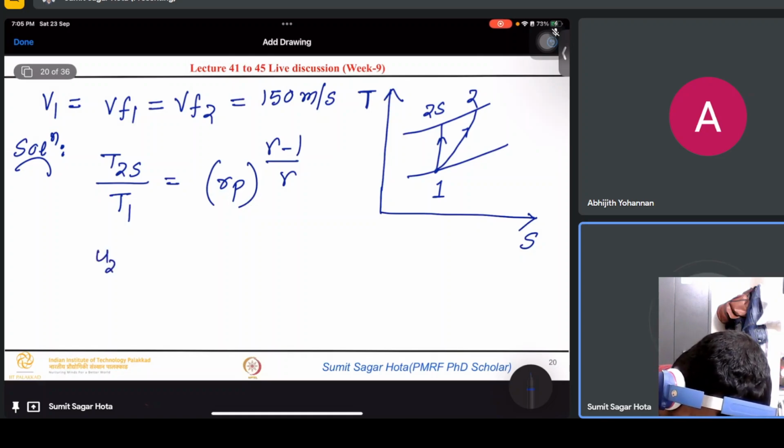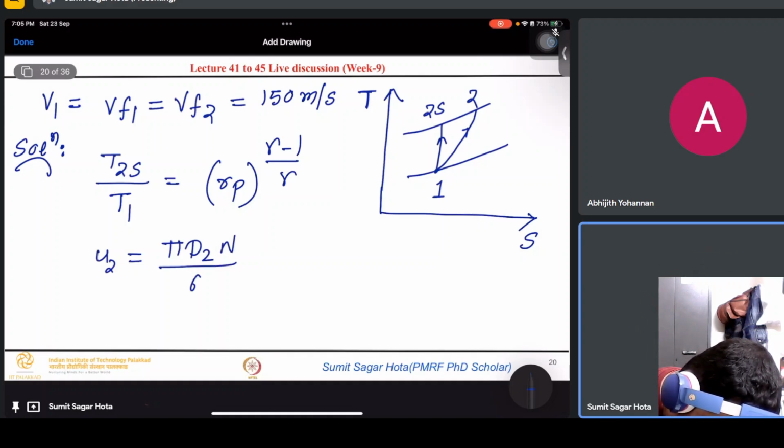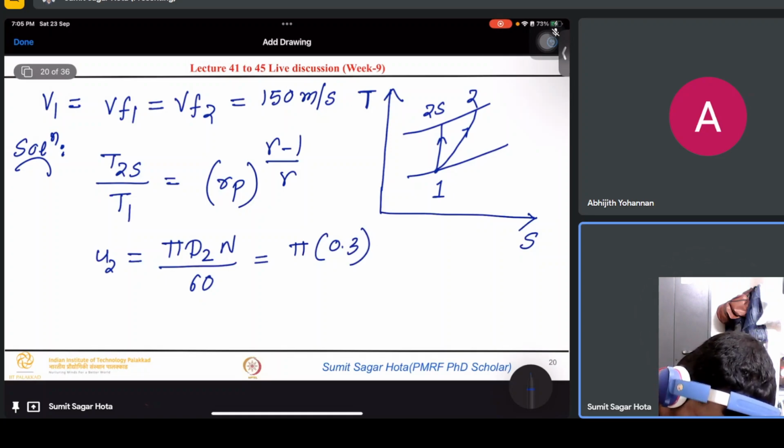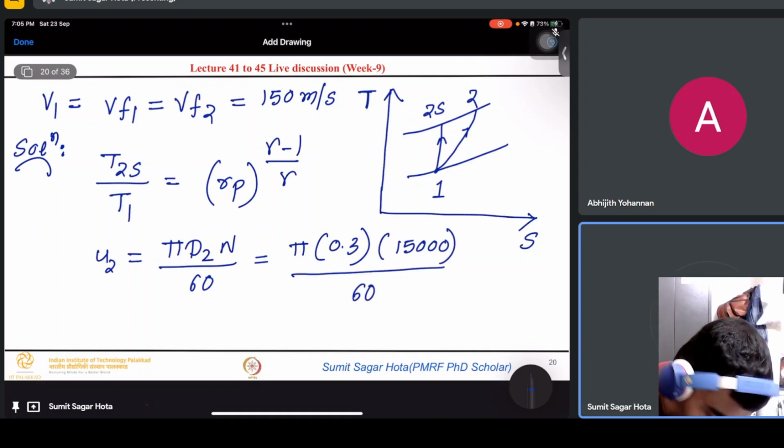What is U2? Pi D2 N by 60, which is pi into D2, which is 0.3, N is 15,000, divided by 60.